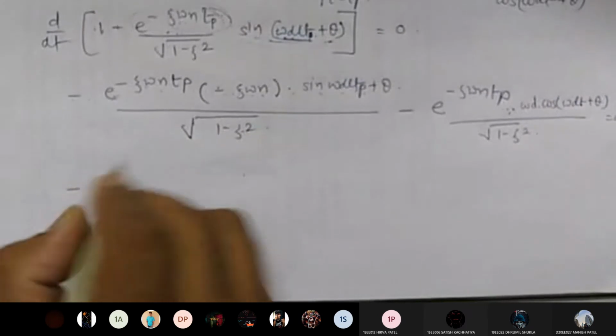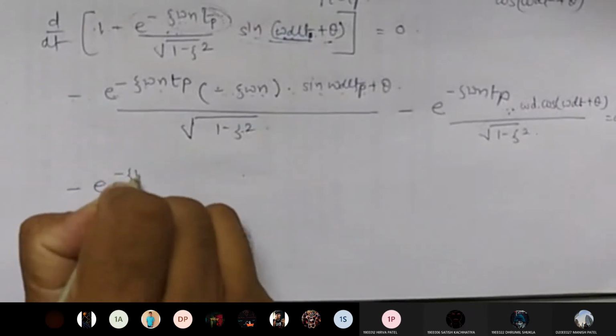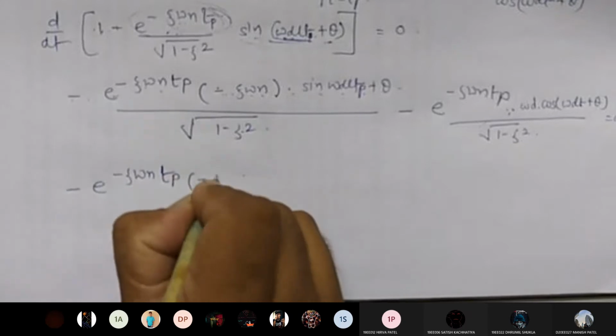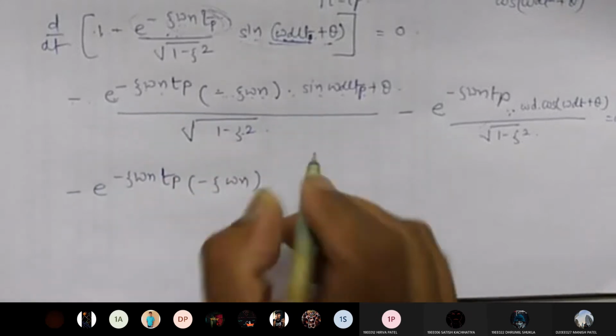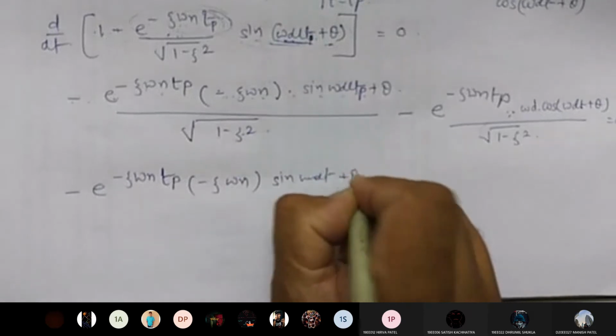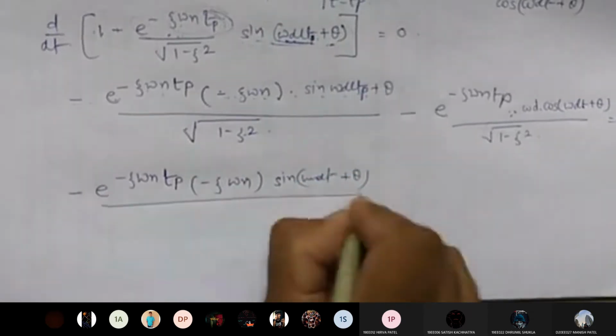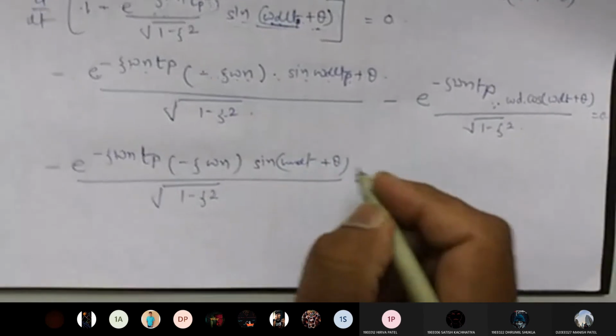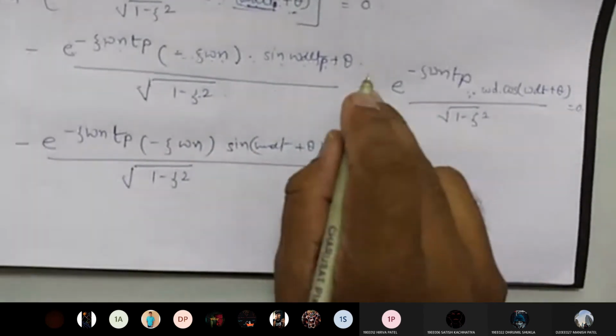e raised to minus zeta omega n into tp, into bracket minus zeta omega n sin omega dt plus theta, upon under root 1 minus zeta square is equal to r.